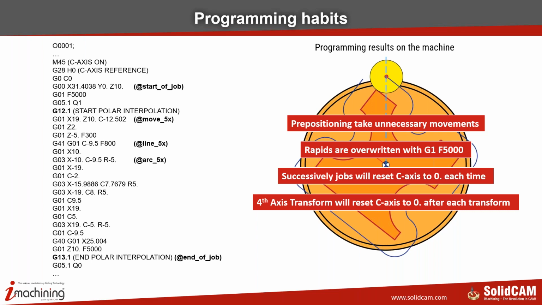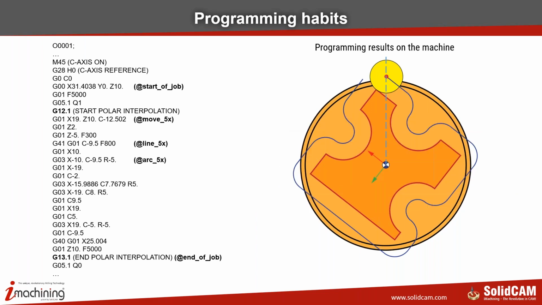Yes. Now, how to avoid this? What I prepared here is a little bit different code. And the main difference here is that the coordinate system will be always rotated. This is the small secret that many controllers have, that you don't need to go with a C0, but you need to be a little bit careful.